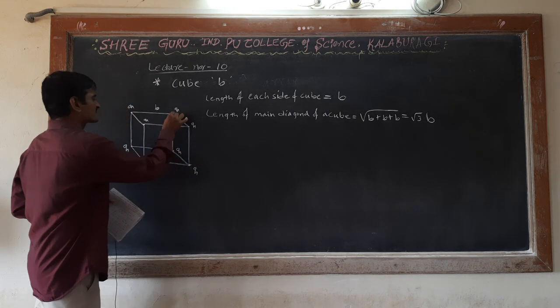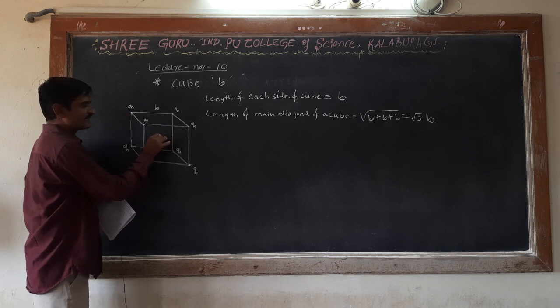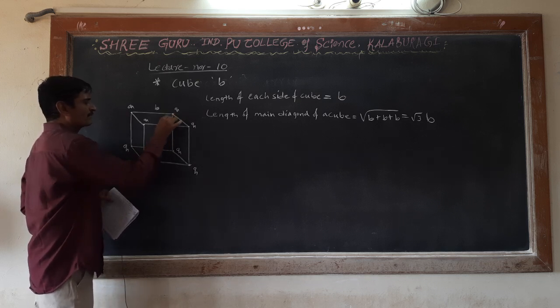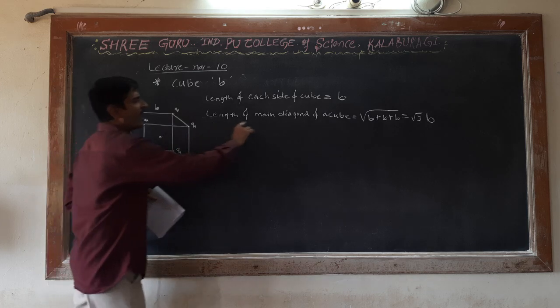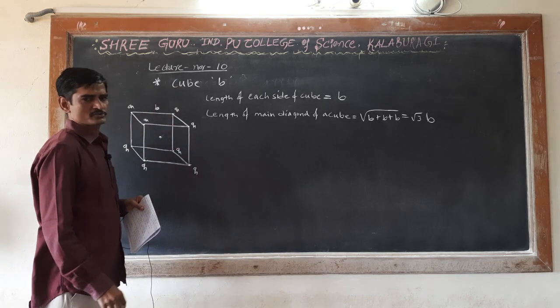And the distance of the center from each vertex will be half of this diagonal. Understood?